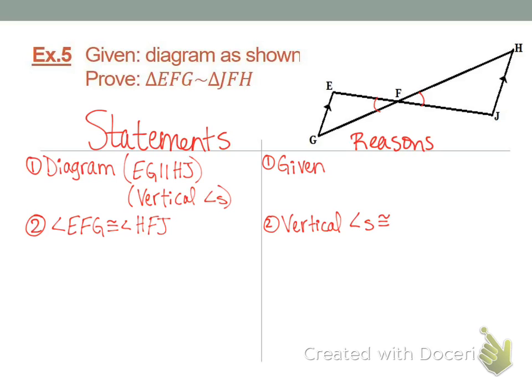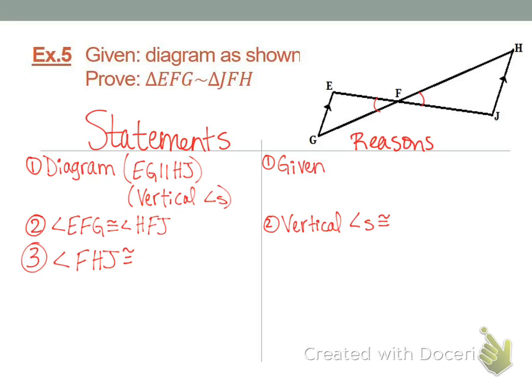We're trying to show or prove that these triangles are similar. We've got one pair of angles congruent. We just need one more pair. Caitlin? Sure. Which ones do you want to use? Good.